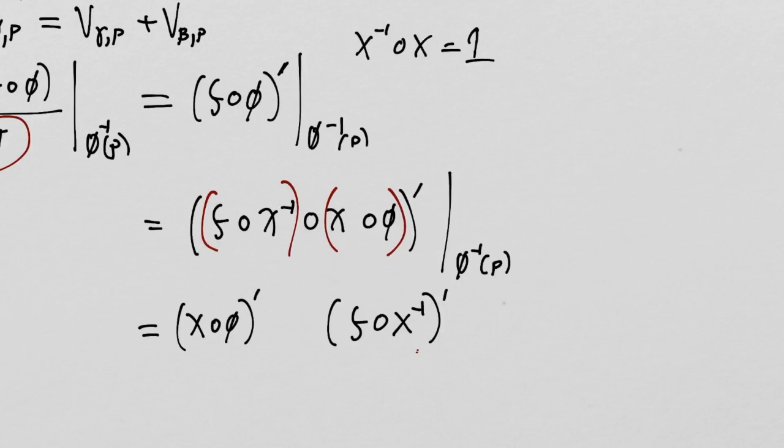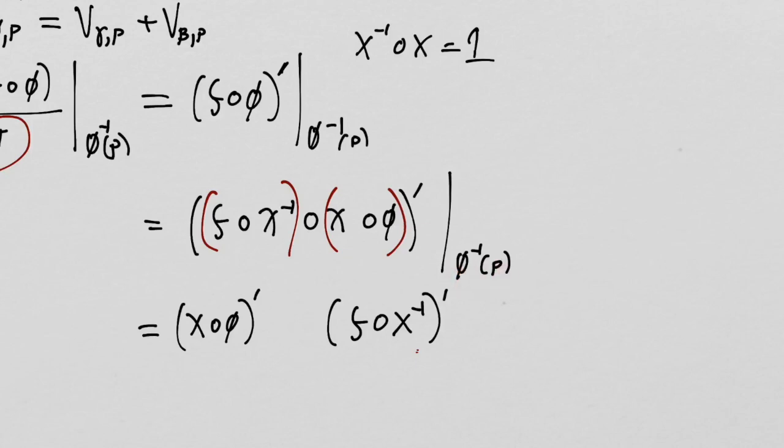You're composing this with this. You're executing this first and then that. So the derivative of a composition using the chain rule is going to be the derivative of this times the derivative of this. But remember, we're evaluating it at phi inverse of p.